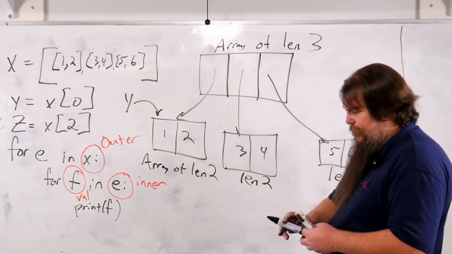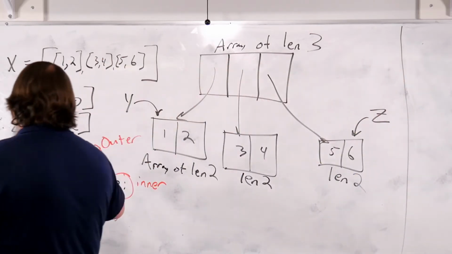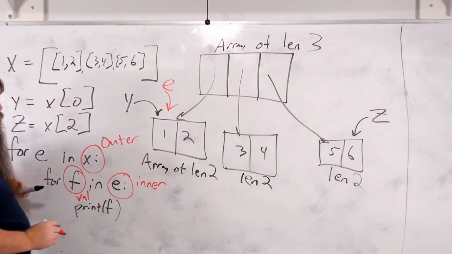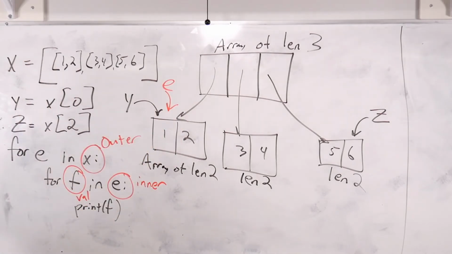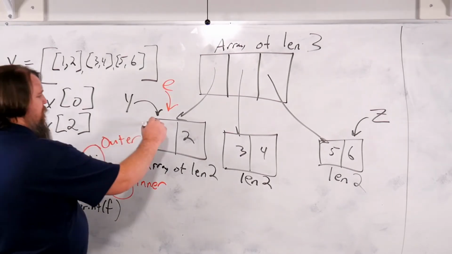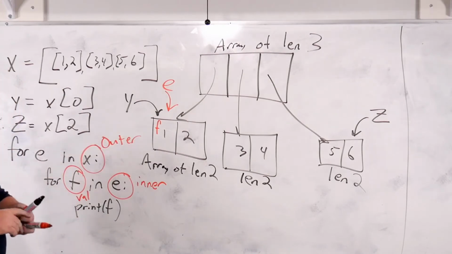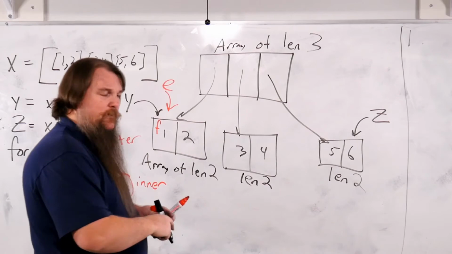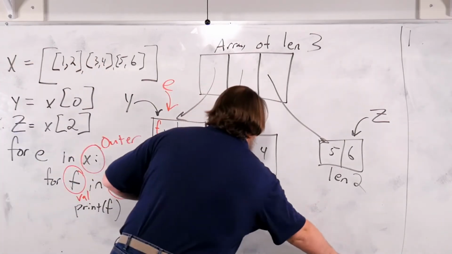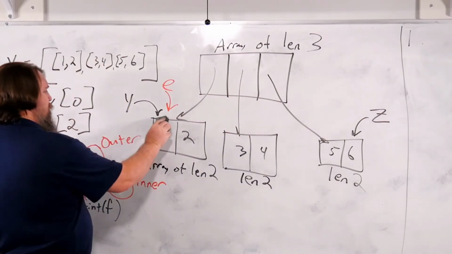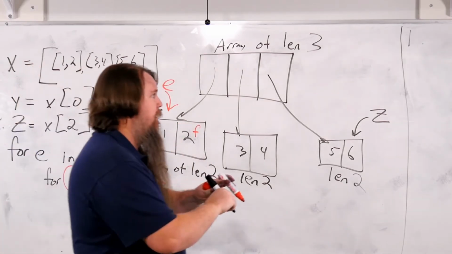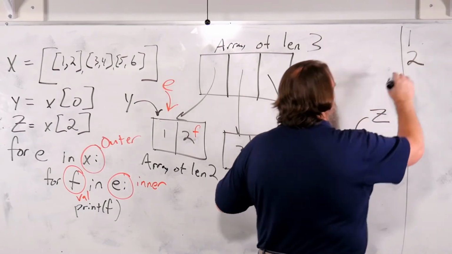Well, let's trace this with variables. We first set E equal to this. Now F is the first value, so we print the value 1. Now F becomes the second value, and so we print 2.